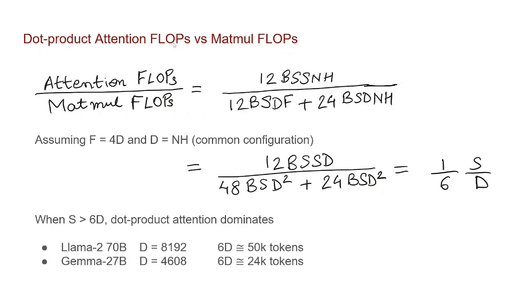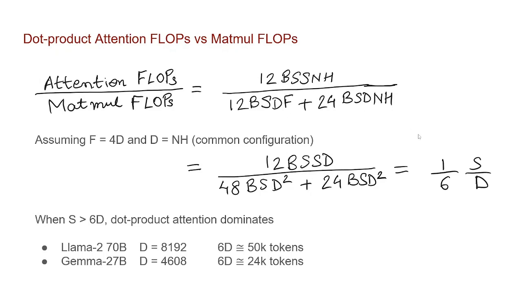What about the dot product attention, which we ignored in our calculation? So with respect to the linear projection flops, both in MLP and in attention, this is the dot product attention flops, and these are the linear projection flops. The ratio of these, we can rewrite assuming F equal to 4D and D equal to NH, which are commonly used in most transformer models.